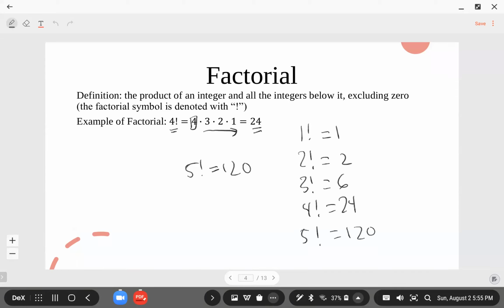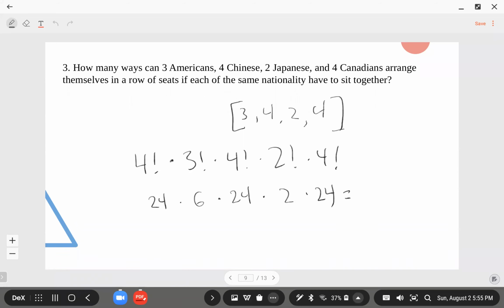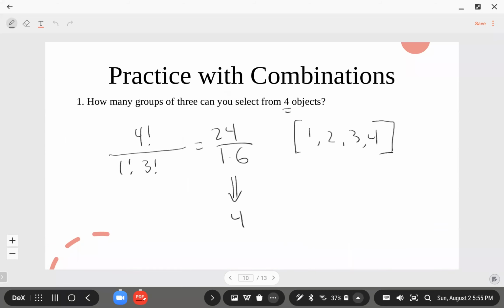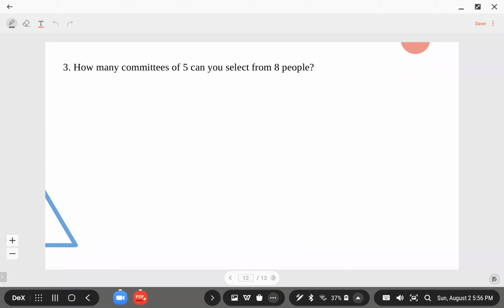And it is denoted with an exclamation mark. So basically 4 factorial would be 1 times 2 times 3 times 4, or 4 times 3 times 2 times 1, okay? And 5 factorial would be 1 times 2 times 3 times 4 times 5. And so on with 6 factorial, the same. Okay? That's a very brief explanation of factorial. So now let's go back to the problem.